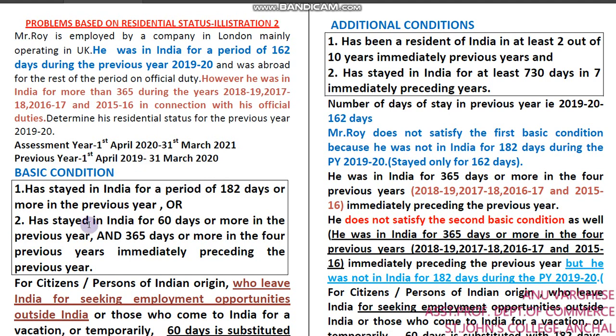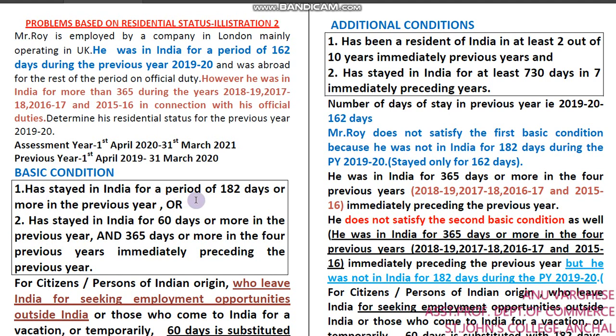So the first step is we have to identify whether the assessee is resident or non-resident. Leave aside ordinarily resident and not ordinarily resident cases. You have to check whether the assessee is resident or non-resident. For that, we have to check the basic conditions. What are the basic conditions?